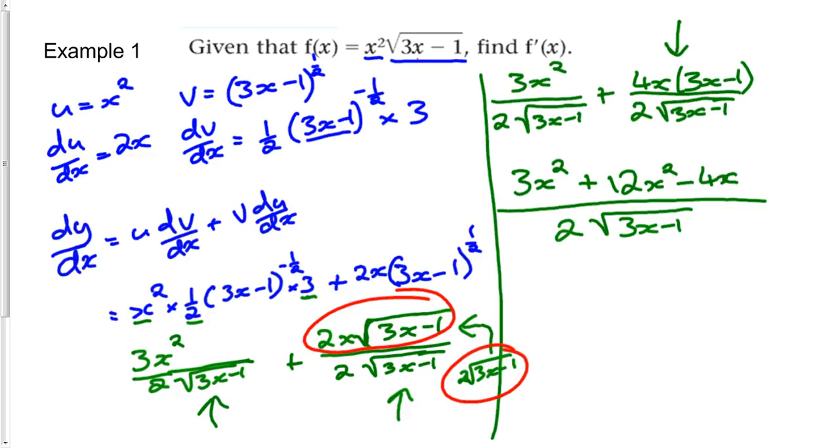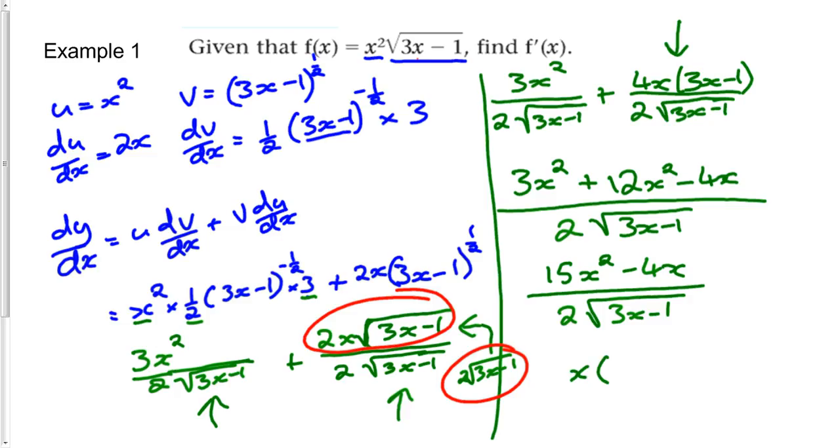They're going to go together, so we get 15x squared minus 4x all over 2 lots of the square root of 3x minus 1. And if we simplify by factorising out the x on the numerator, we get x bracket 15x minus 4 all over 2 lots of the square root of 3x minus 1.